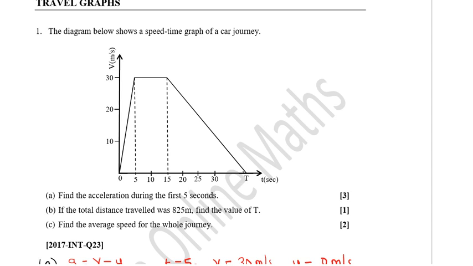For example, this is a triangle. I'm looking at this region from 0 to 5 seconds. The formula for finding the area of a triangle is half times b times h. It will be the same formula for us to use when we want to find the distance.